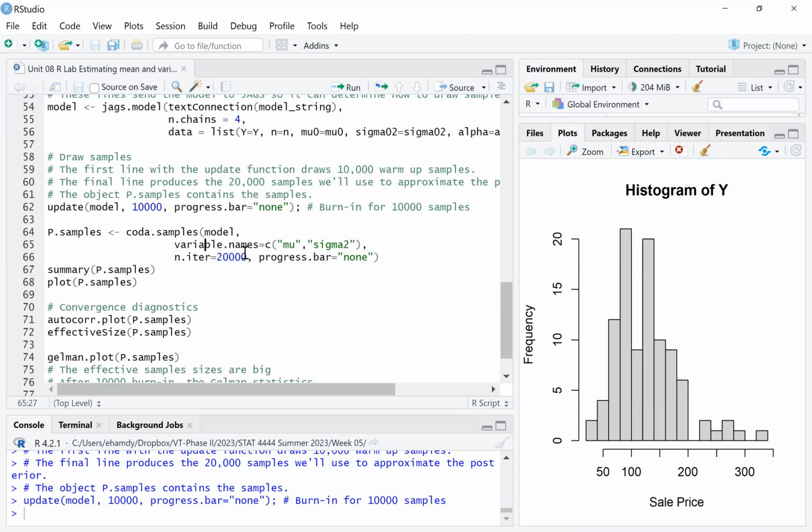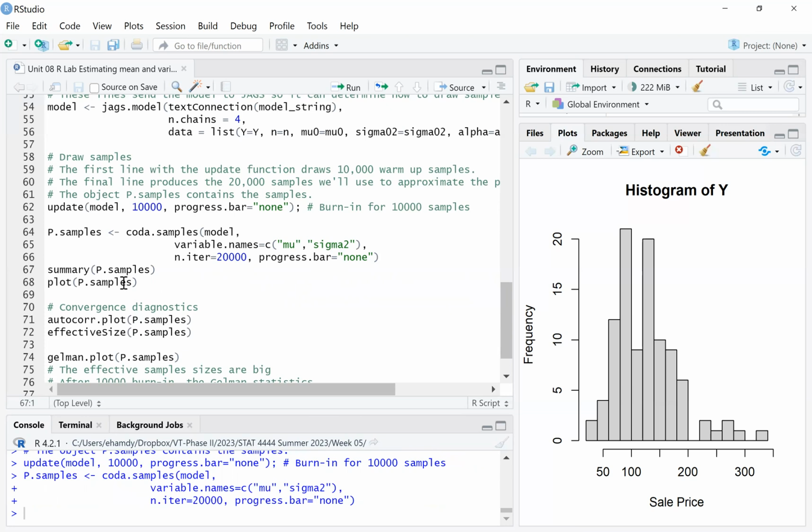And I will ask to save the random sample from mu and the random sample from sigma square. If I remove this one, it will save only the random sample for the parameter sigma square. But I'm interested in both of them, because sometimes you have many parameters, but you are interested in a few of them. So let me run this one.